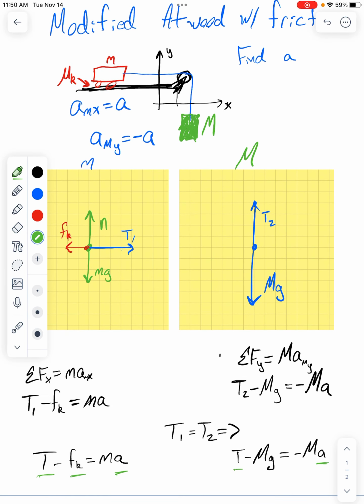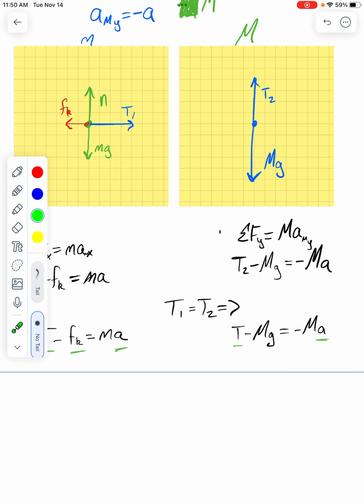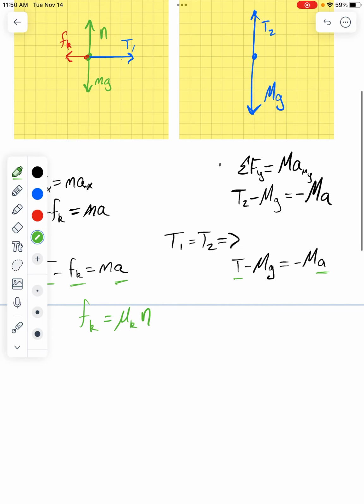And so we need to look in the vertical direction here. And in this case, not always, but in this case, the normal force is equal to the weight of little m. And we know that the kinetic friction force has an equation of Fk equals mu k N. This is our coefficient that depends on the two materials.